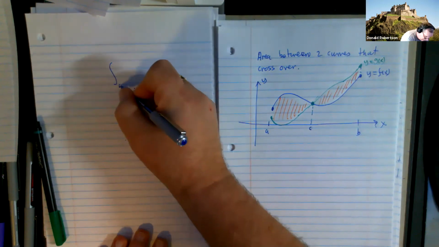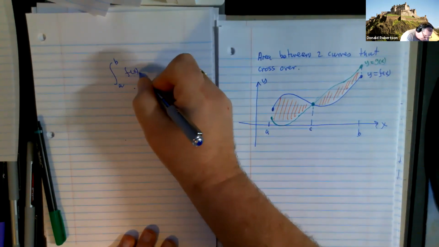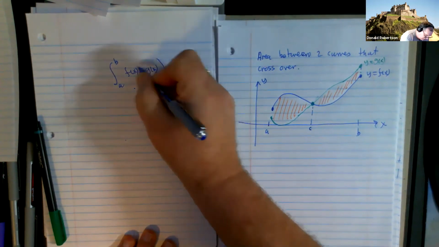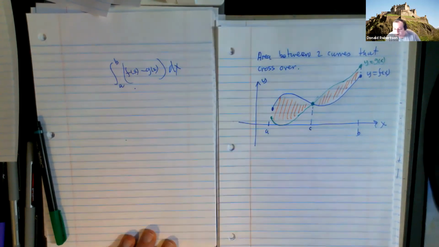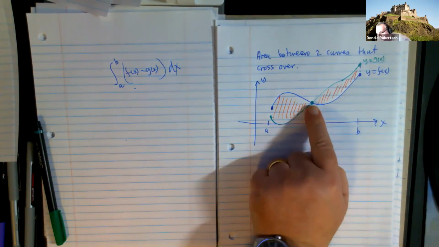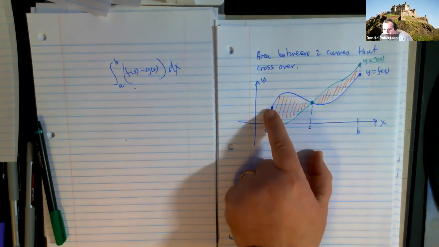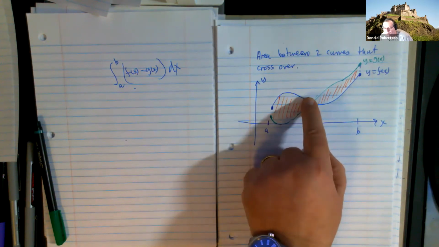I'll tell you what the answer is not. Oh, I know how to do this. It's the integral from a to b of f of x, take away g of x, dx. And the reason that doesn't work, isn't there a crossover at this point where at the early part on the left-hand side, the blue guy's on top, right?